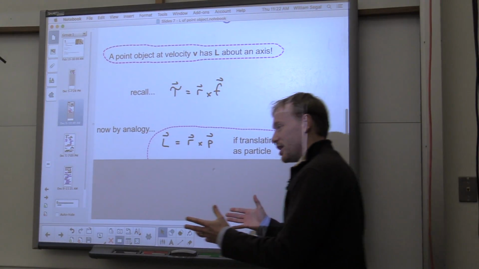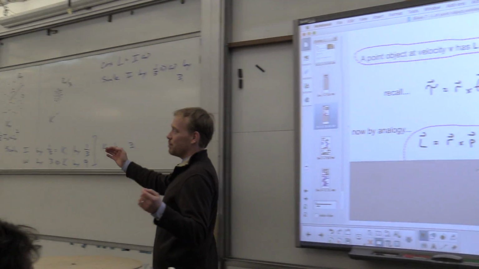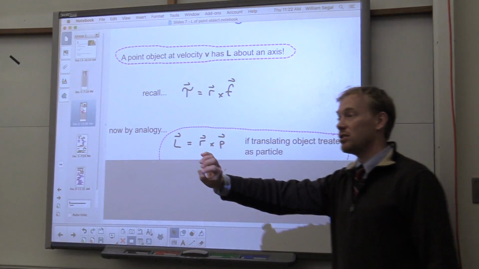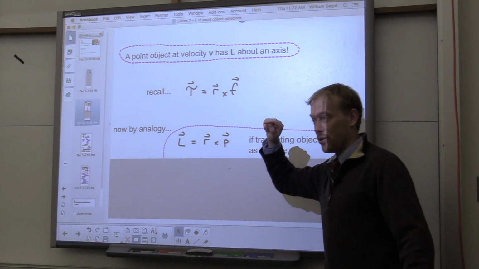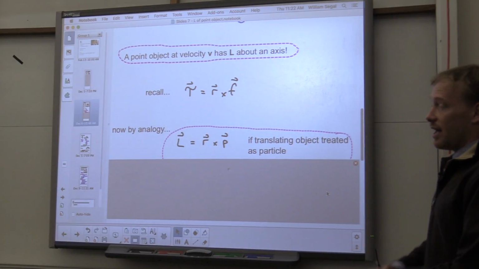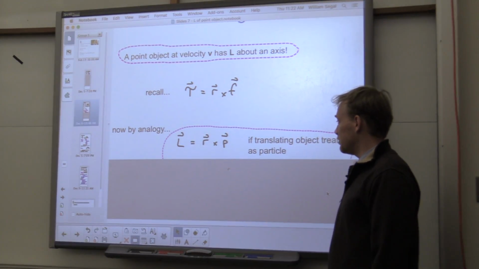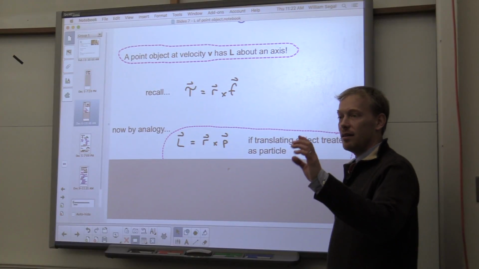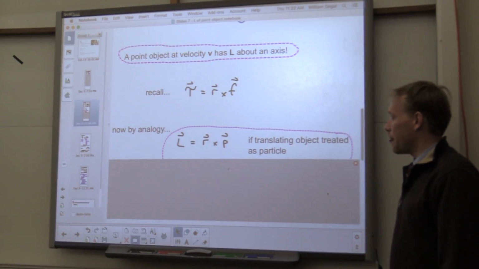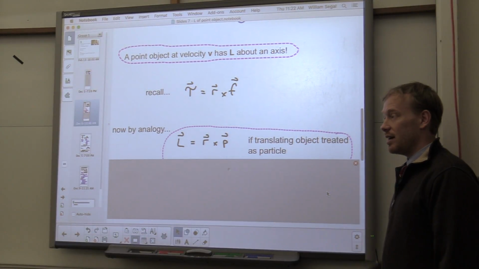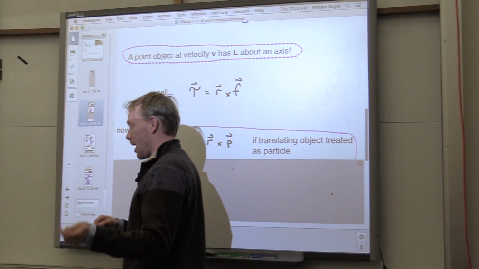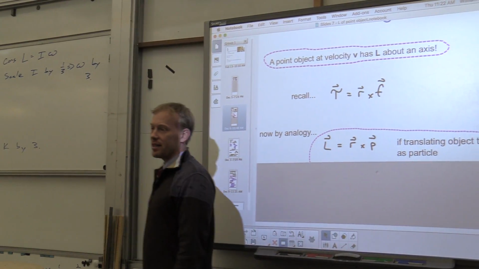When an object moves with a momentum p, and there's an axis, you can define an r vector from the axis of rotation to the location of the object. And the cross product of r and p describes the angular momentum. So this is the answer to your question about the direction of angular momentum. It also includes the idea that the magnitude of angular momentum depends on the distance of the object from the axis, the sine of the angle between r and p, the mass of the object, and the velocity of the object.